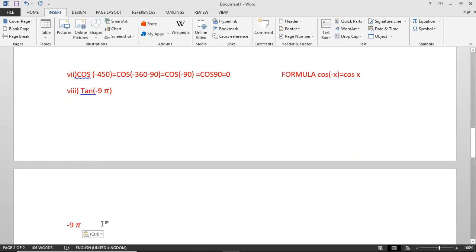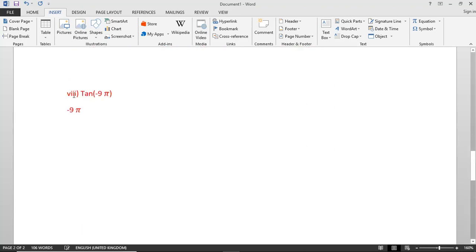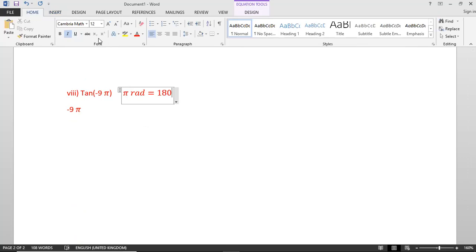Because we have to remember that pi radians equals 180 degrees. So 180 degrees will be used right here in place of pi.